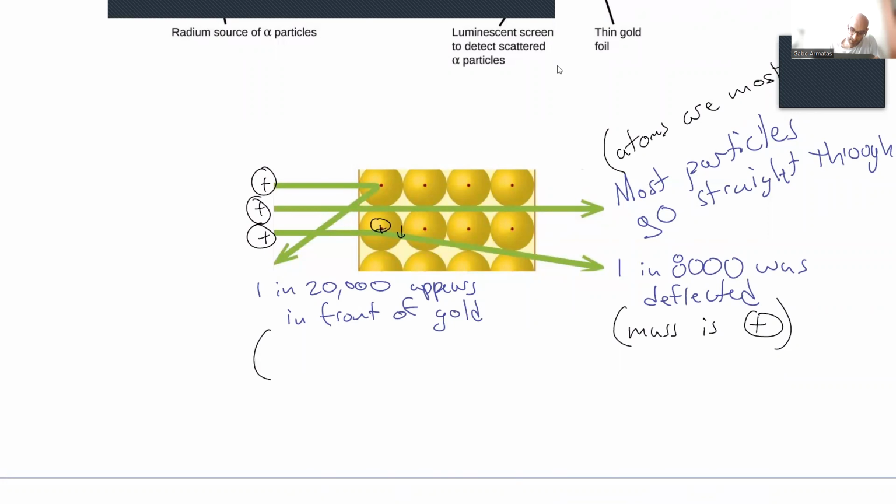What this tells us is the mass is condensed in the center, and we call this a nucleus. Okay, so it is really condensed in the center. And that's what he discovered.